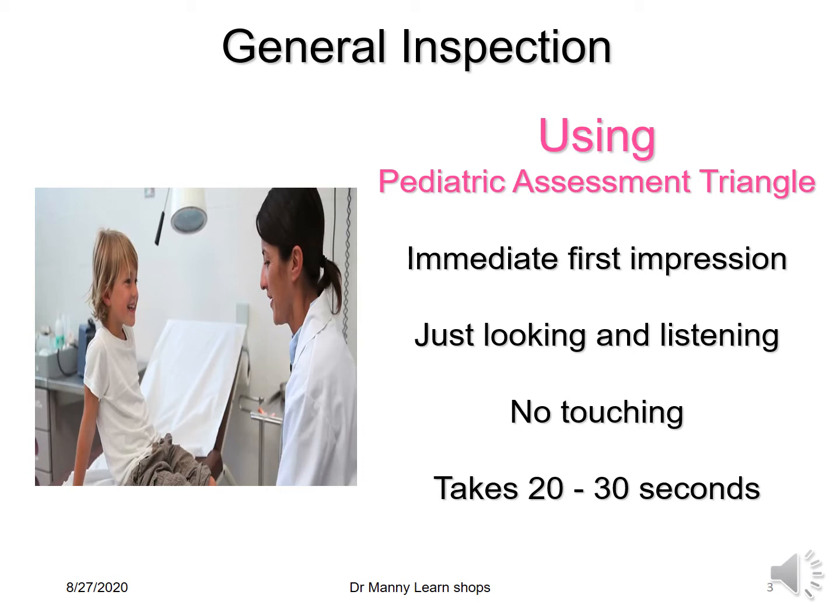Is the kid good, bad, well, unwell, stable, unstable? Look, you can have a kid who has got diabetes mellitus and they have a problem with their disease or their illness. However, they look okay.